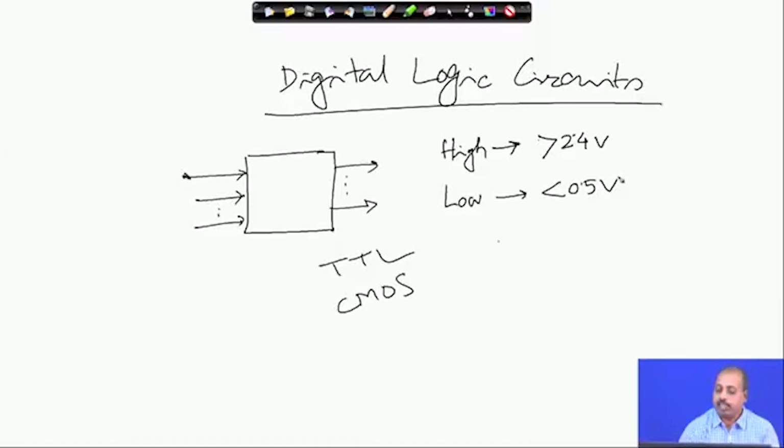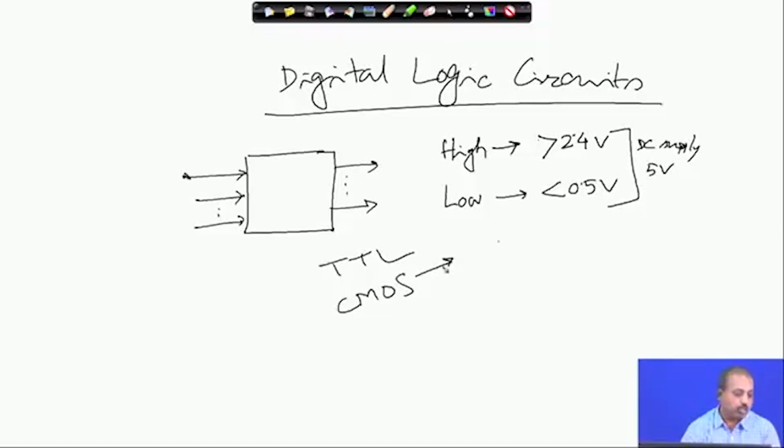For the TTL family, the DC supply voltage is 5 volt, and with respect to that we have this high logic level and low logic level.